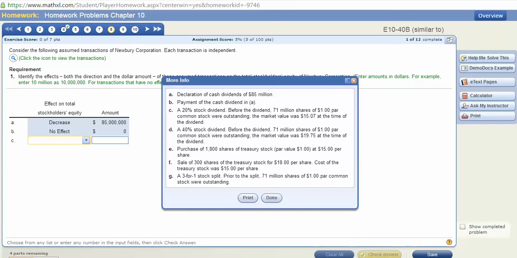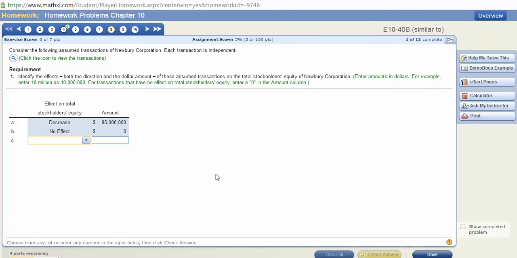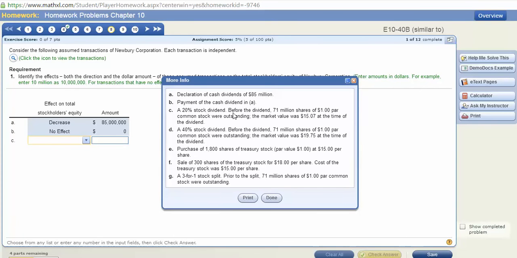Let's look at the next one, C. C is a 20% stock dividend. It tells you all this stuff about before the dividend. You can ignore everything after this.